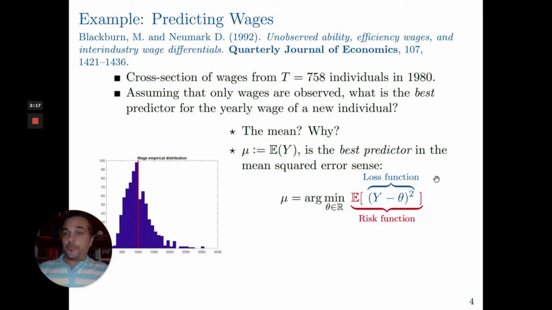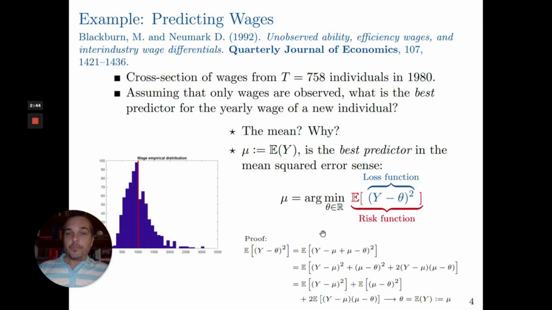And we want to find a parameter theta that minimizes that risk function, that minimizes the mean squared error. So in this case, we can show that mu, the expected value of y, therefore the mean, is the solution for that minimization problem. Okay?